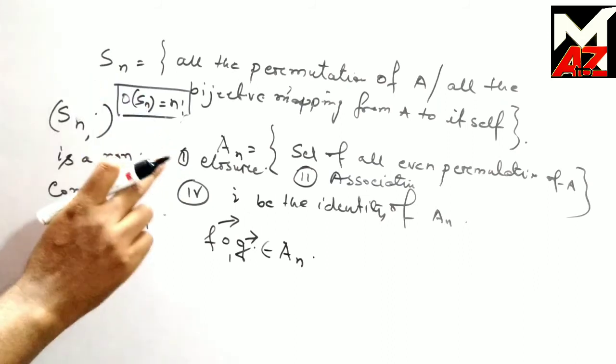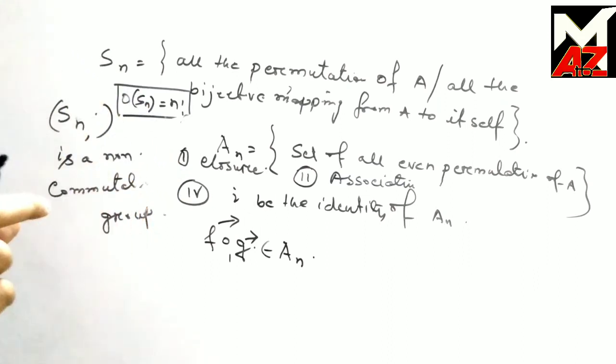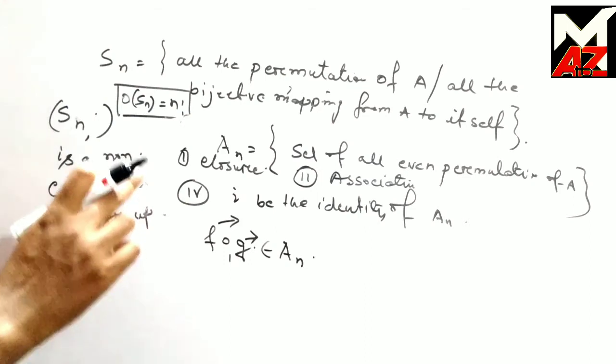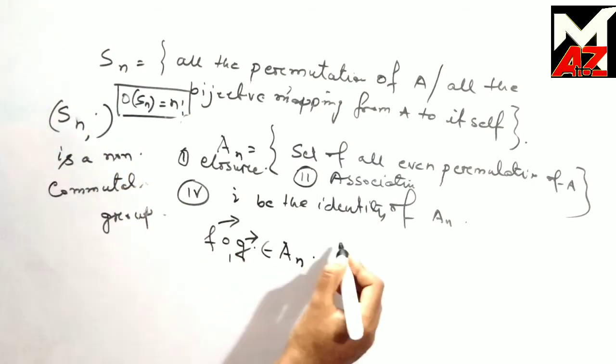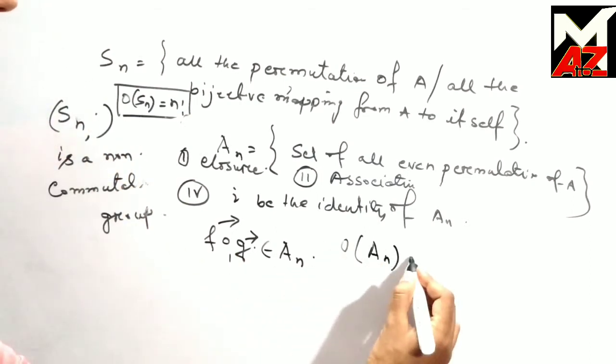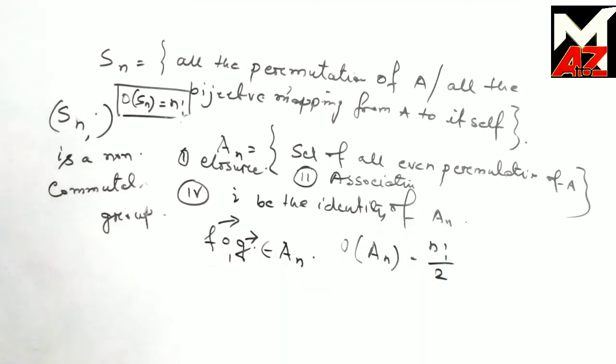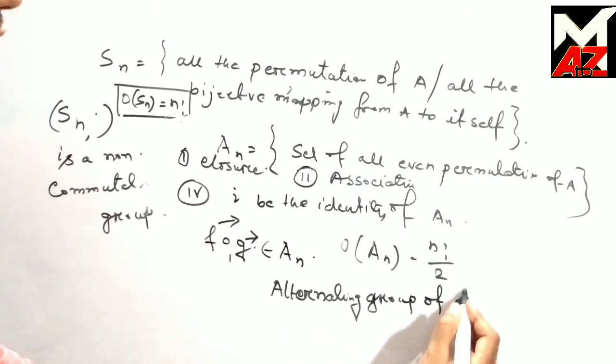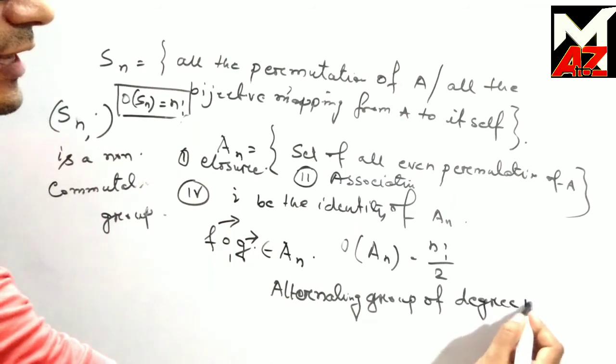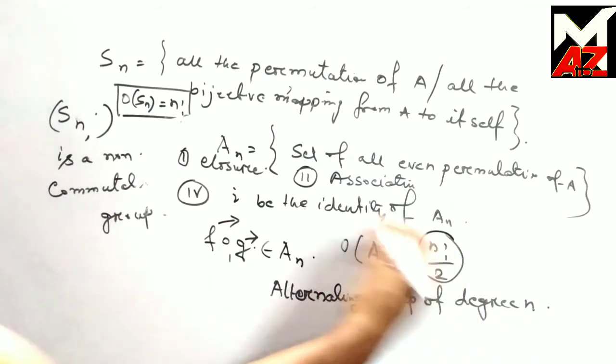But here also the product of two even permutations is in general not commutative. So it is also a non-commutative group, and the order of this group is n factorial by 2, and it is known as the alternating group of degree n, with order n factorial by 2.